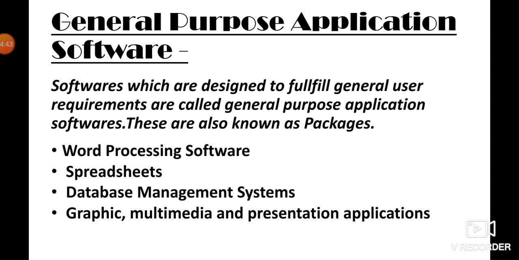Like our school has the requirement of storing data; each and every organization dealing with a number of people needs to store data. So for that they need software which can store the data. These are examples of general requirements, and the software designed to fulfill these general requirements is called general purpose application software.